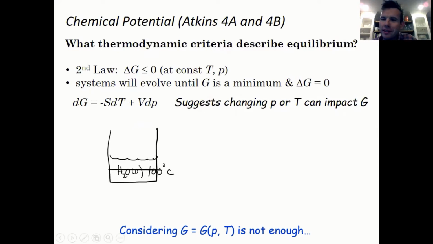It's at 100 degrees Celsius. And above it, I have air. Air at 1 atm, I should be specific. If you let this sit long enough, probably a couple minutes, what happens?